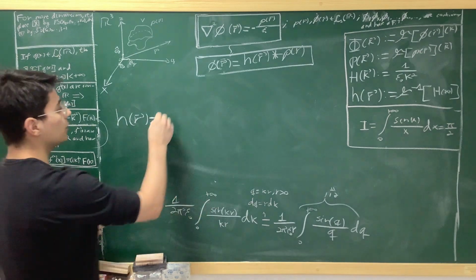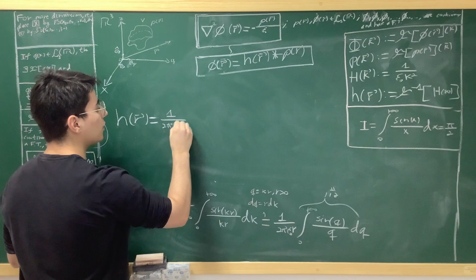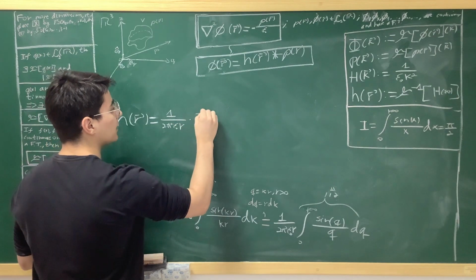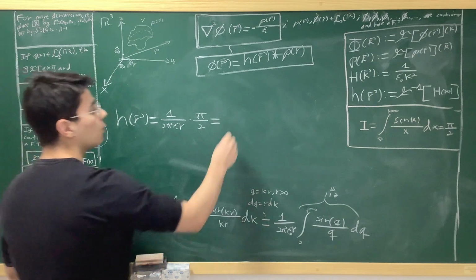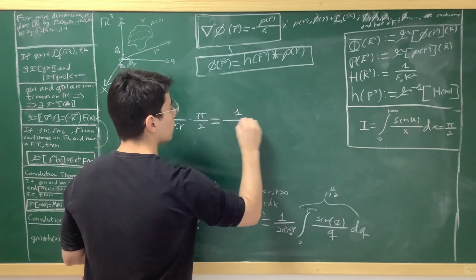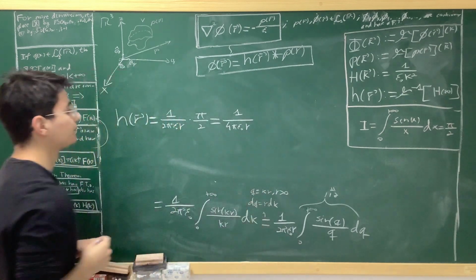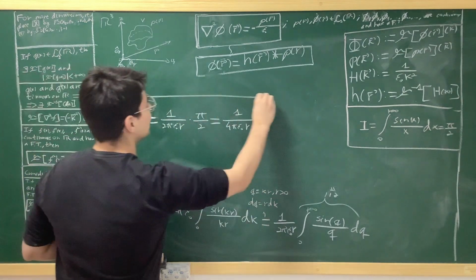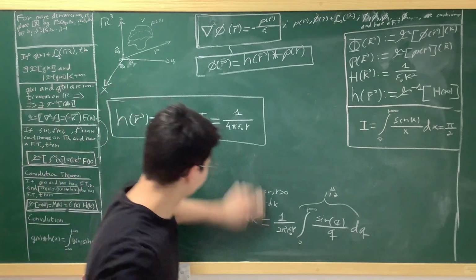What we get is 1 over 2 pi squared epsilon naught r times pi over 2, which really is just 1 over 4 pi epsilon naught r. And this is the sought-for function.